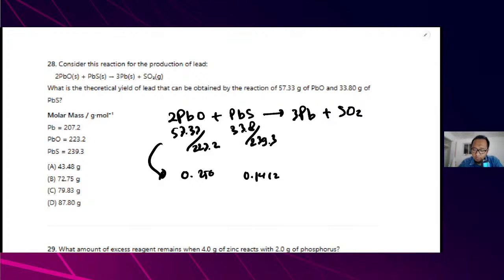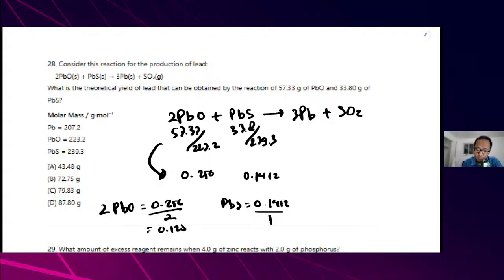Okay, so this one is 2PbO, so for PbO it should be 0.256 over 2, and then PbS should be 0.1412. This one is 0.128, this one is 0.1412. Which one is the smallest one?